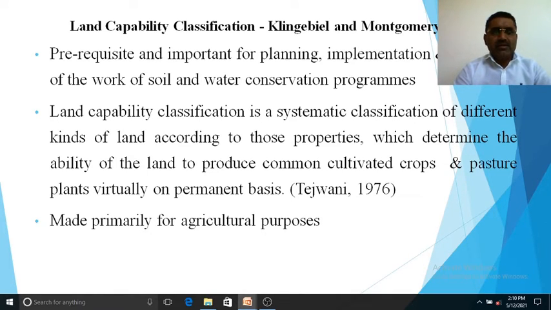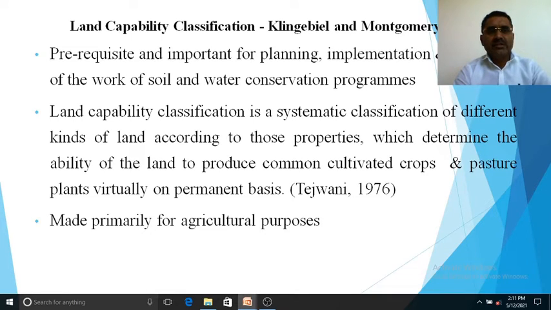Next point: land capability classification is a systematic classification of different kinds of land according to those properties which determine the ability of land to produce common cultivated crops and pasture plants virtually on a permanent basis. It is written by Tejwan in 1976. So this is the reference regarding capability classification.